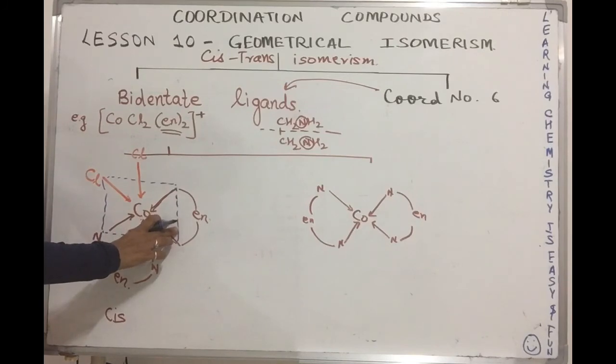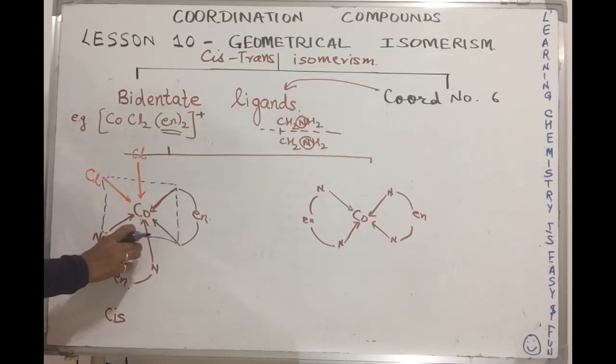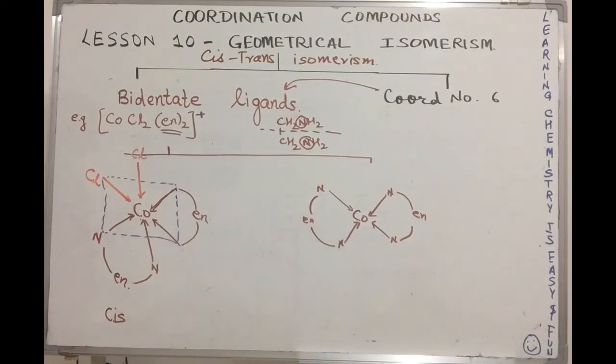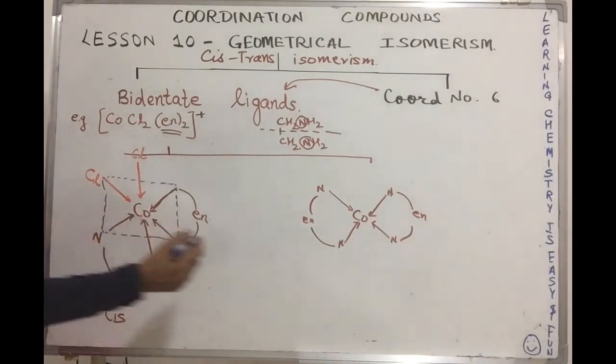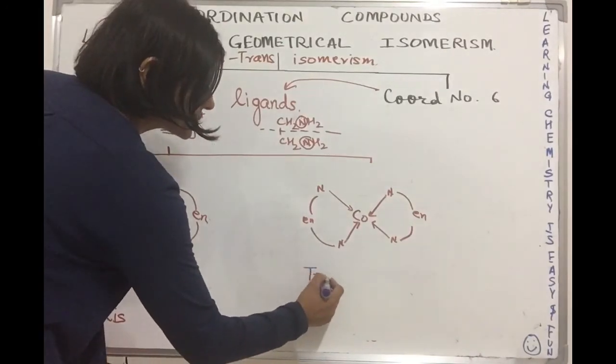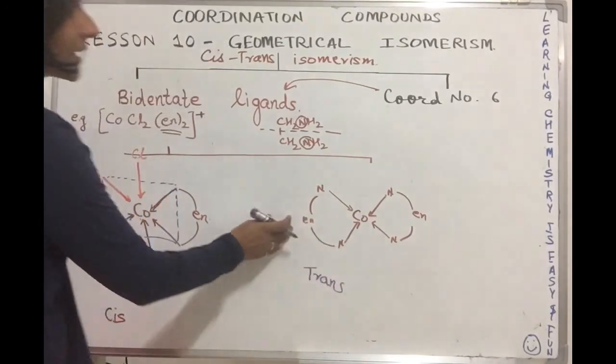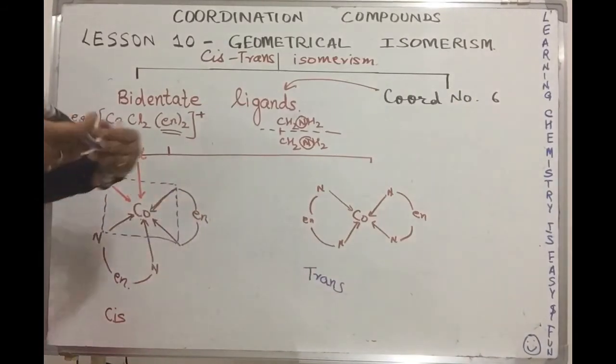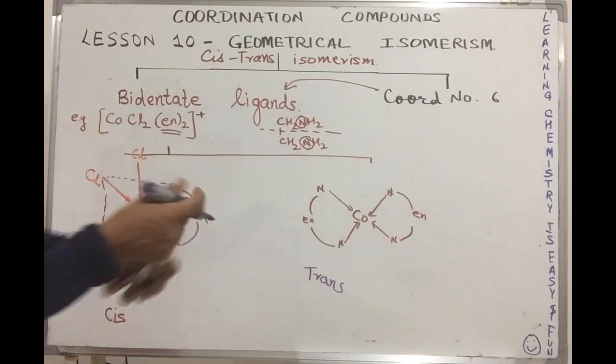Even the two en ligands are also close to each other, right? So the cis form is called the same side. What about the opposite one? So we're talking about the trans. So they come at loggerheads. They now face each other.